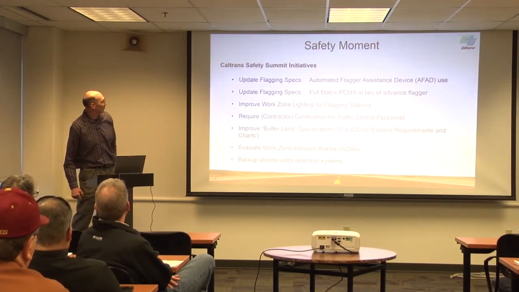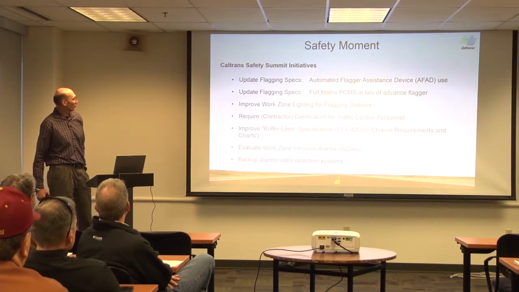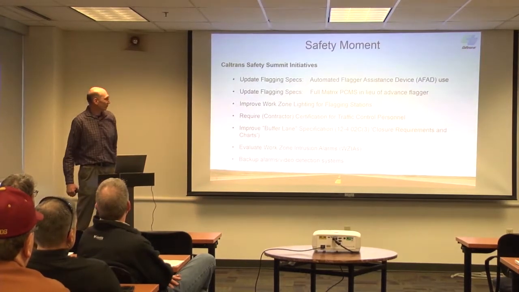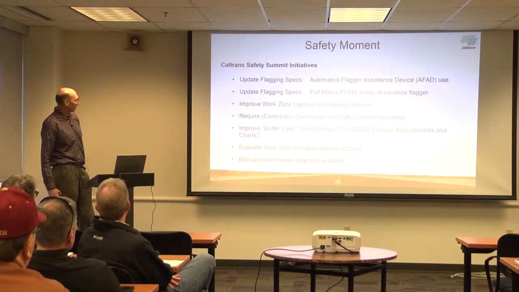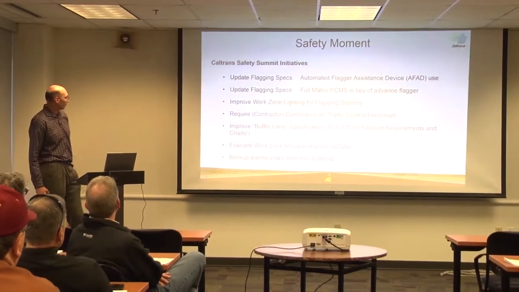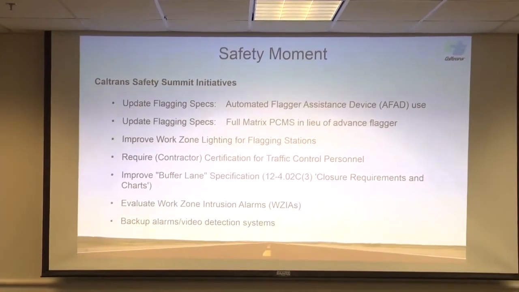They also have some flagging specs they're updating, improving work zone lighting for the flagging stations, automated flagging requirements, and buffer lane specs. And then I think we talked about the intrusion zones and backup alarms.